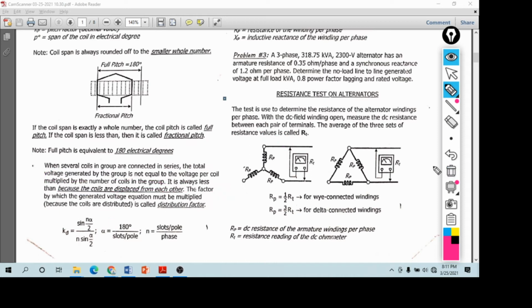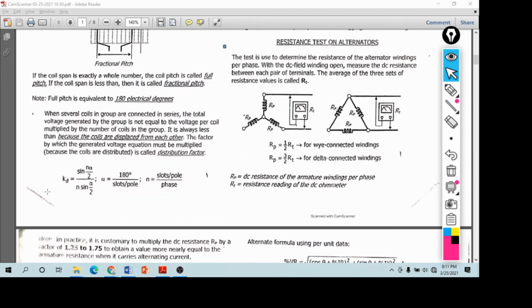Now, that is your distribution factor. It depends on how the magnetic flux is distributed in the winding. So this time, that is your distribution factor.